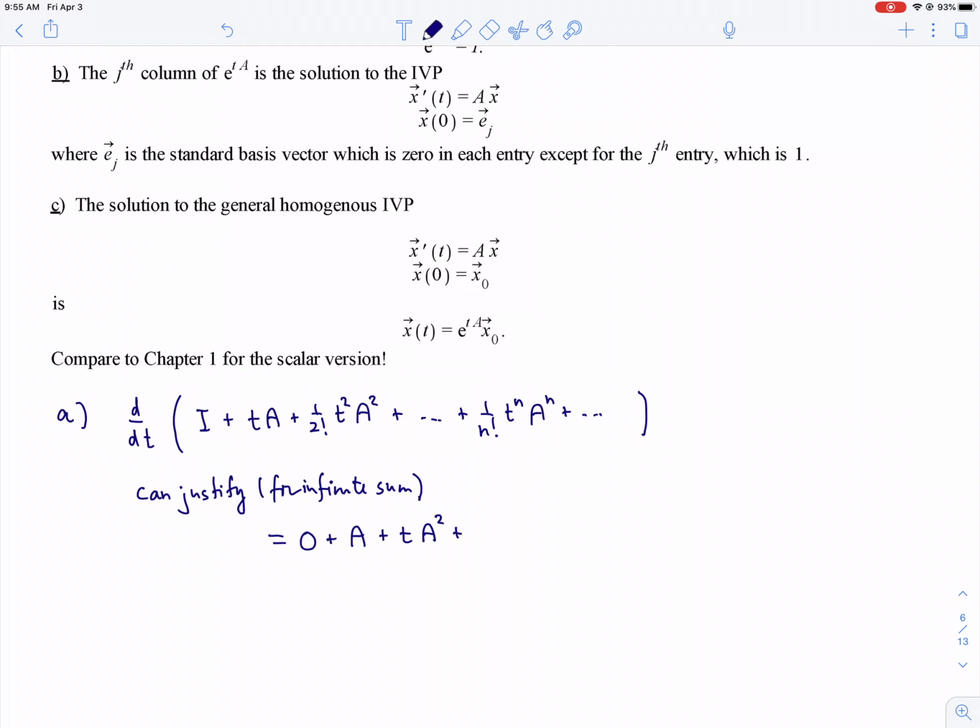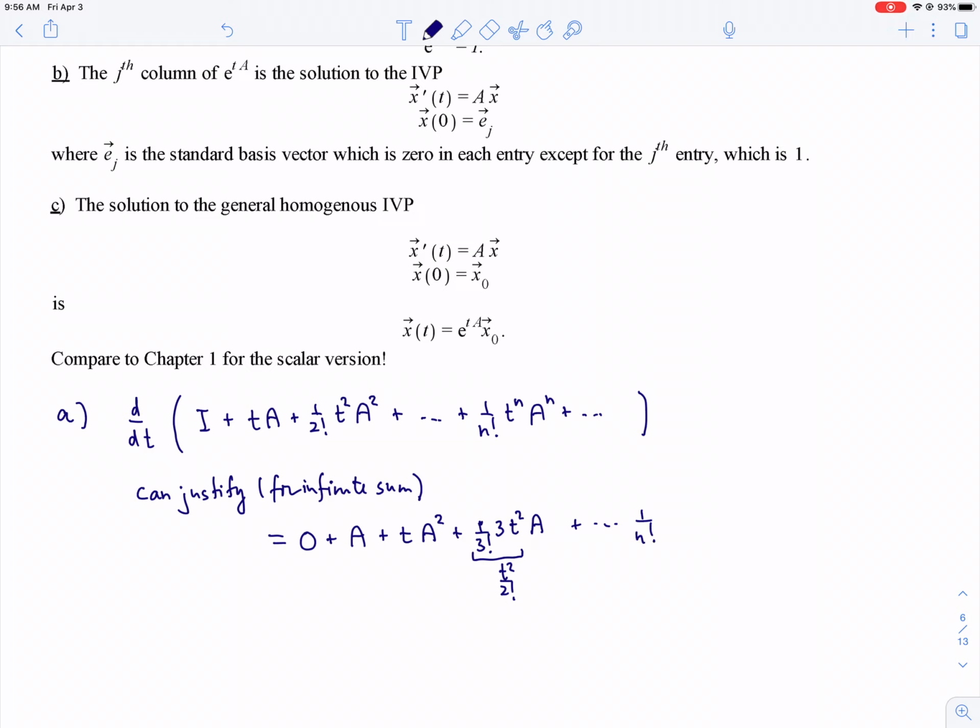The next term would have been 1 over 3 factorial. The derivative of t cubed would have been 3t squared A, which is just t squared over 2 factorial times A.